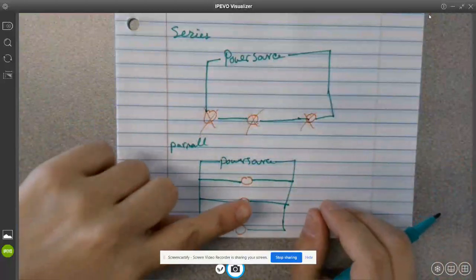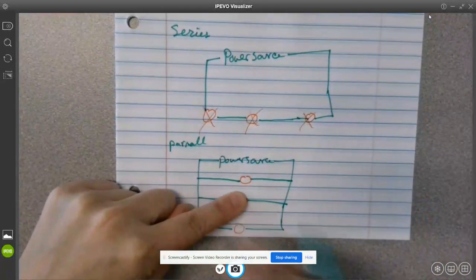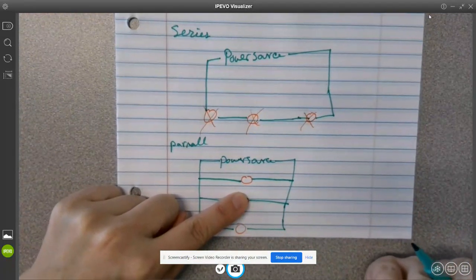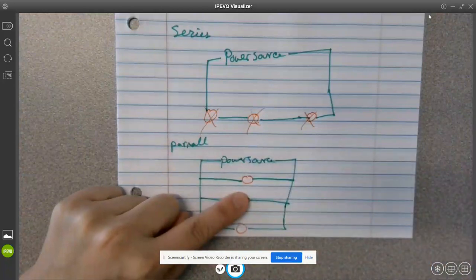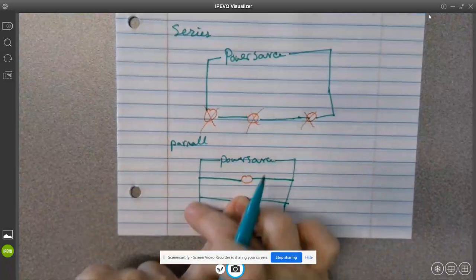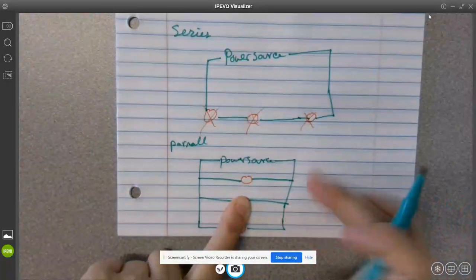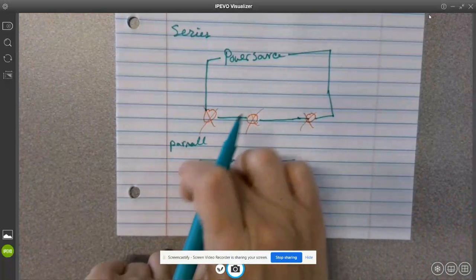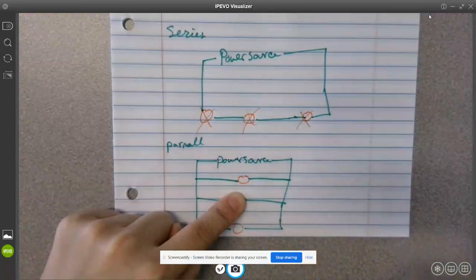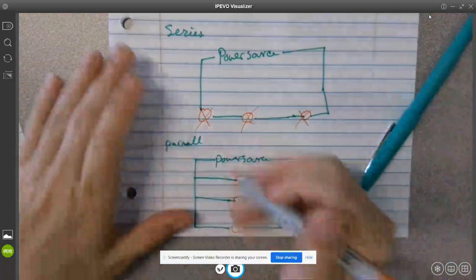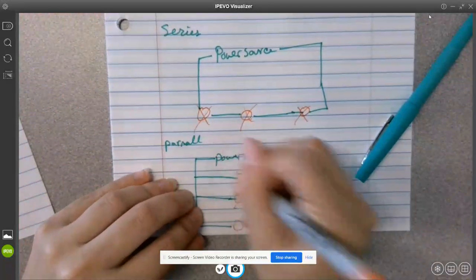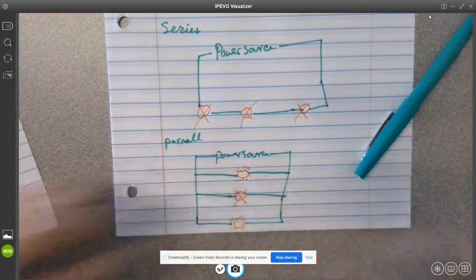But if I have one of these lights that doesn't work, the bulb is dead, in a parallel circuit, you still have multiple other series within your parallel. That means my light here and my light here will still work. So let's say this one is off, but my first one and my last one will still light up.